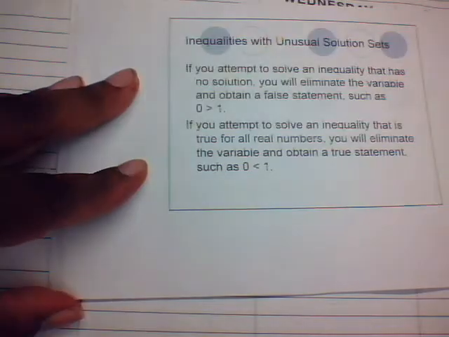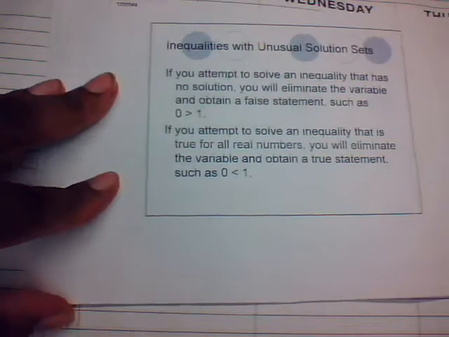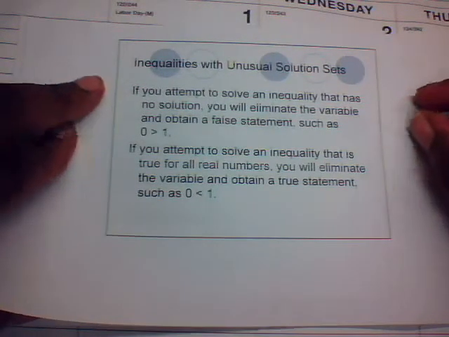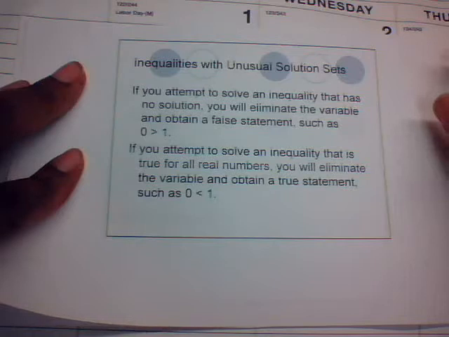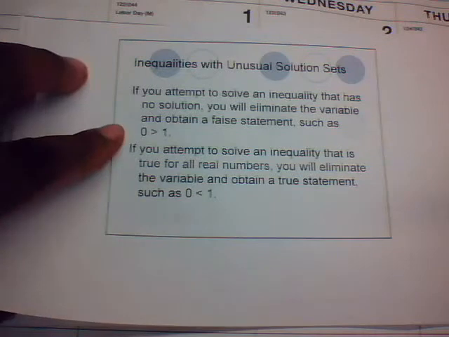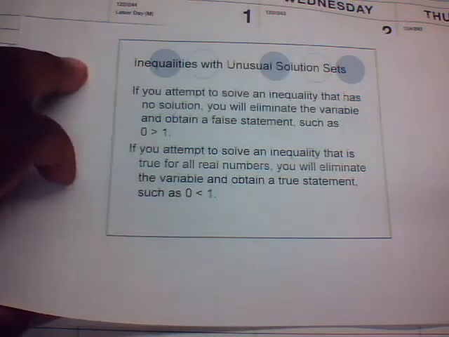Okay, now let's say we have inequalities that have unusual solution sets. If you attempt to solve an inequality that has no solution, you're going to eliminate the variable and obtain a false statement, such as in this case, 0 is greater than 1.